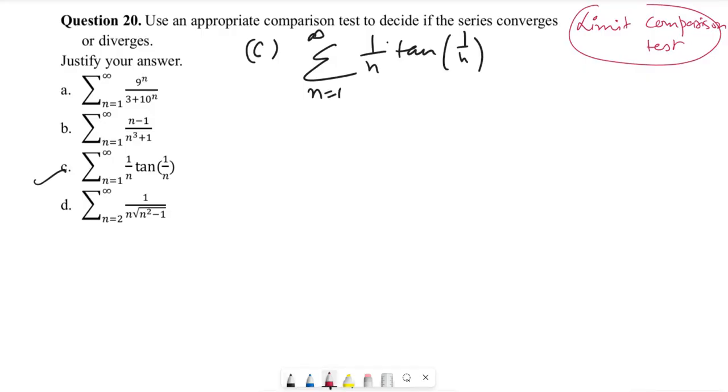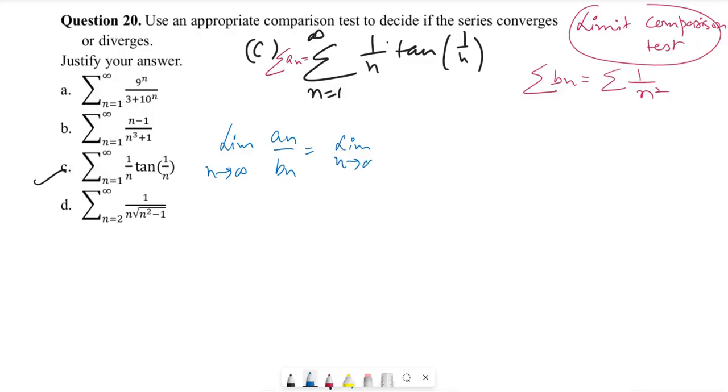We need to come up with another series bn. In this case, I'm deciding on 1/n². For the limit comparison test, you need to find the limit as n approaches infinity of an divided by bn, which is the limit as n approaches infinity.